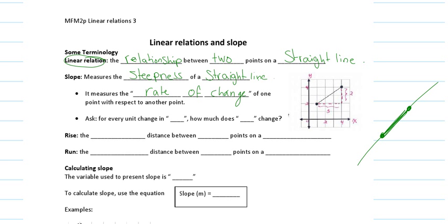So these 3 words represent the same thing. So you're going to ask yourself, for every unit change in x, how much does y change? And then this is all going to come together in a formula. Okay? This is just the explanation.